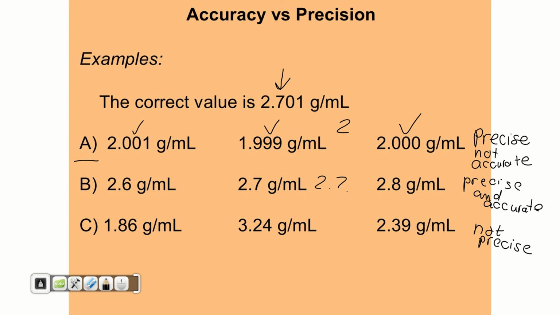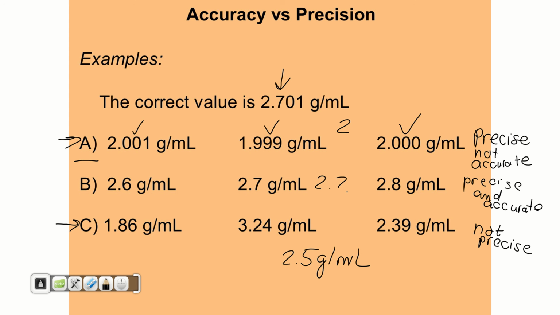But again, there's usually some issues with it. They're getting an average value of 2.5 grams per milliliter, which means they actually have less percent error than group A, but they are not precise. And I'd actually be more concerned about this group than group A. Either that, I mean, it's possible group A just consistently read something incorrectly, but was so consistent with the incorrect reading that it happens. All right?